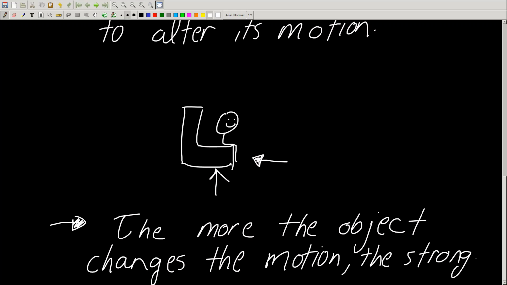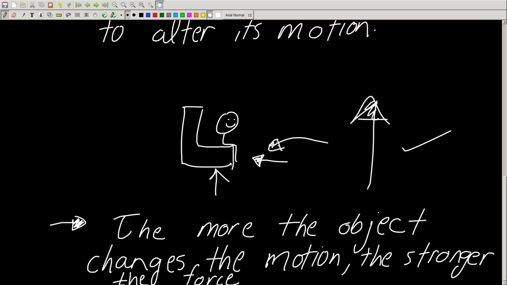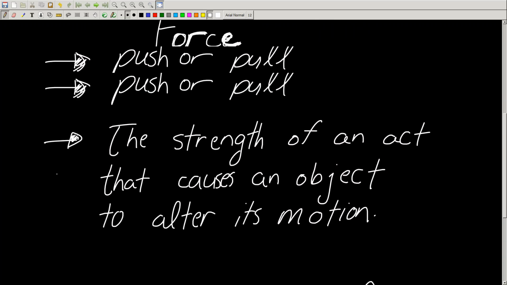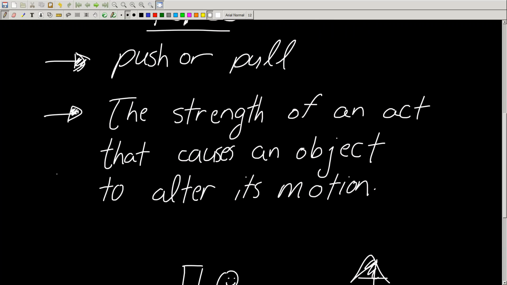So if someone applies a force and I am lifted higher and higher up, the force applied to me is much stronger than the original force if it was causing a shorter displacement upward. So the more the object changes its motion, the stronger the force applied. That's basically what a force is.